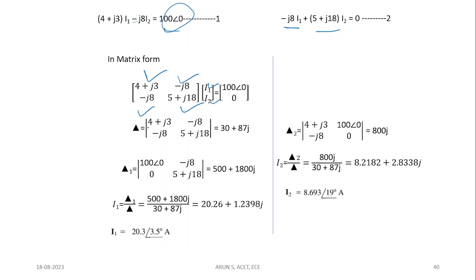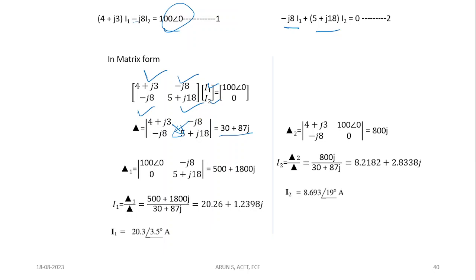How do you calculate del? Del can be calculated by taking the determinant of 4 plus J3, minus J8, 5 plus J18. Taking the determinant, we get 30 plus 87J. I hope you already know the procedure: this diagonal product minus this diagonal product is the procedure for calculating the determinant.